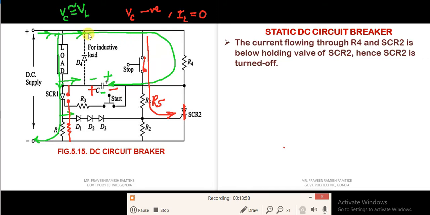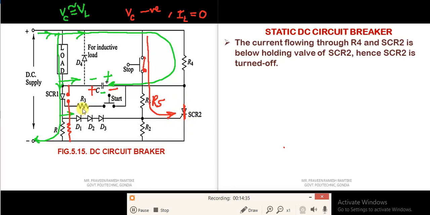Now as the load current was previously flowing through SCR, now this load current has fallen to 0, means the value of load current which is flowing through the SCR2 has been reduced to 0, and if the load current is reduced to 0, means its value is below the holding current value, and hence the SCR2 is now turned off.